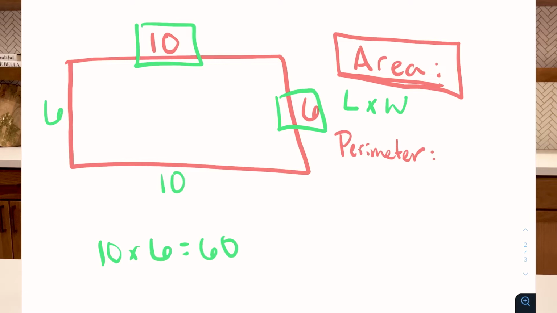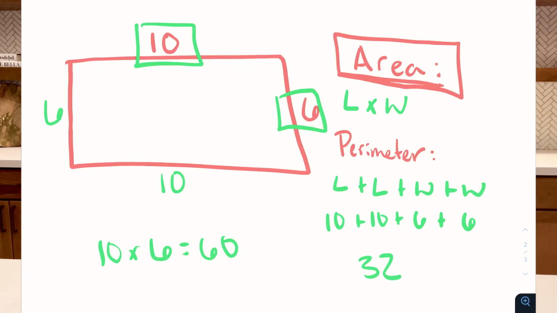Next, for perimeter, we're going to add length plus length plus width plus width. So 10 plus 10 plus 6 plus 6, we end with a total perimeter of 32. Check your answer with what you got. See if you got the same thing.